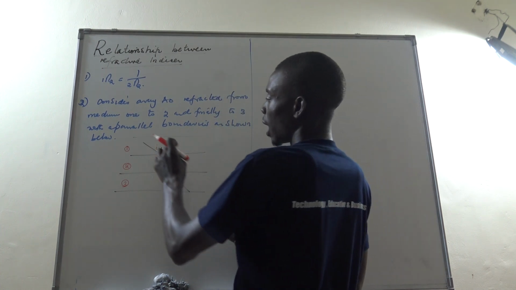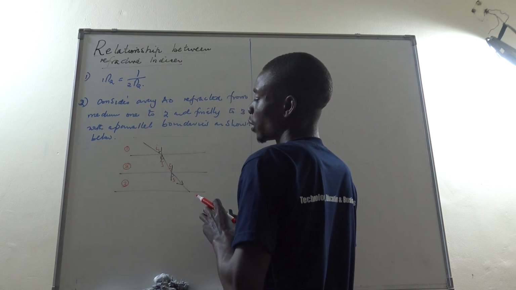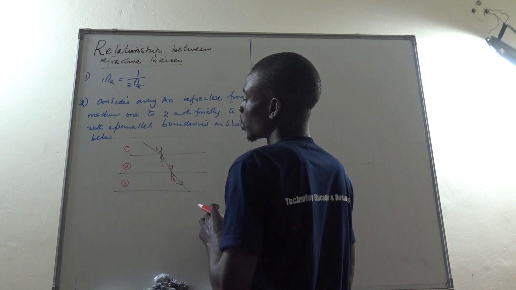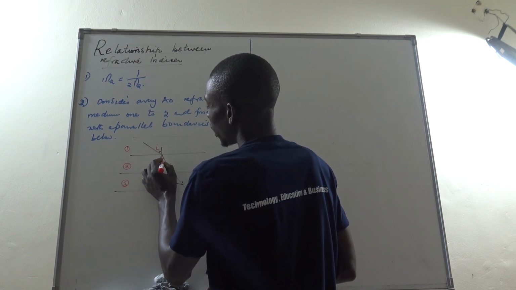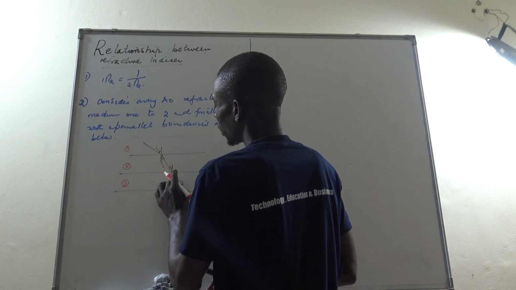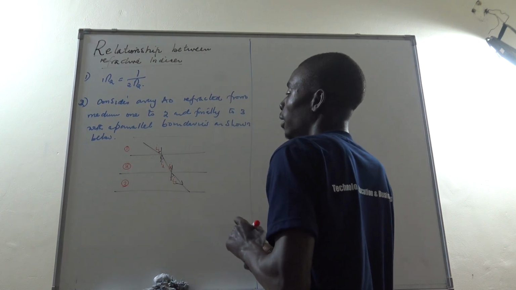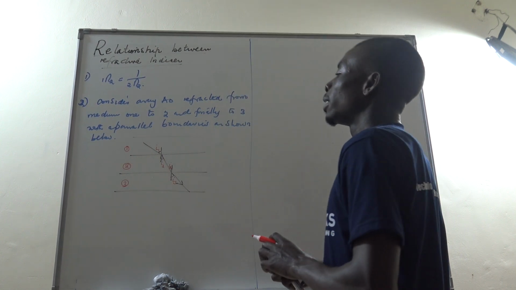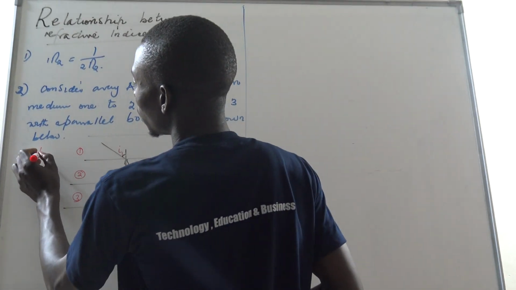I can call this one I1 in the first medium, and then it will give us the angle of refraction R2, and this one I2 as a result of that, and then this one I3. Is that okay?